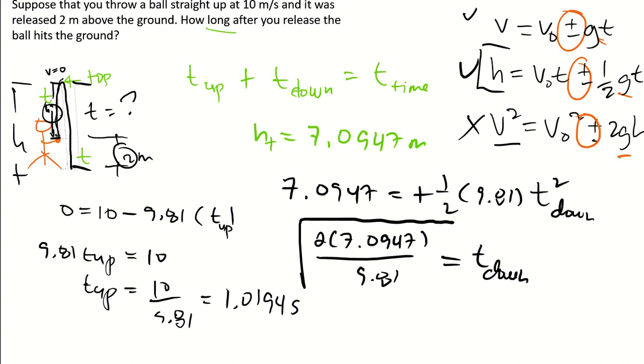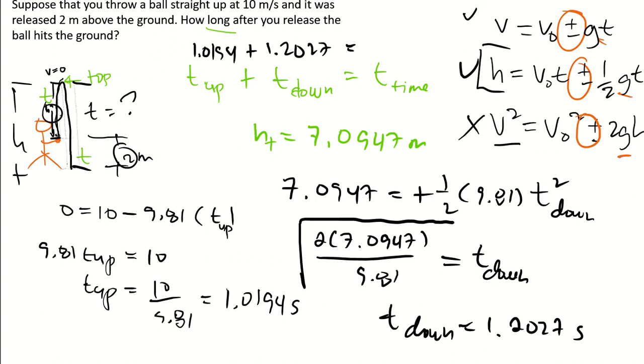Okay, so the answer is 1.2. So, t down equals 1.2027 seconds. So, that means to say that we have t up, which is 1.0194 plus 1.2027. So, the total time is 2.22 seconds. So, this is the answer.